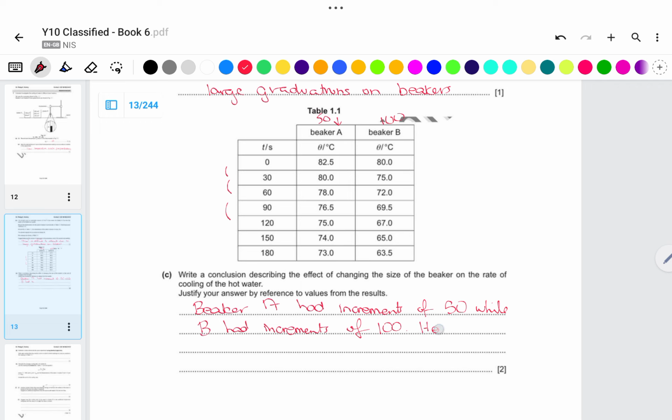Hence, here I'm going to write my reason, but I have to take some data from the table as proof to my answer. So at 0 seconds, A was 82.5 and B was 80. All the way at 180 seconds, beaker A went down to 73, but beaker B went to 63.5. This is due to the large surface area, okay?